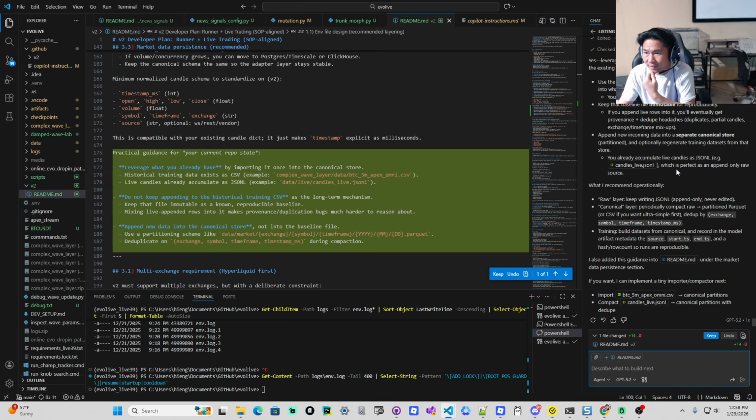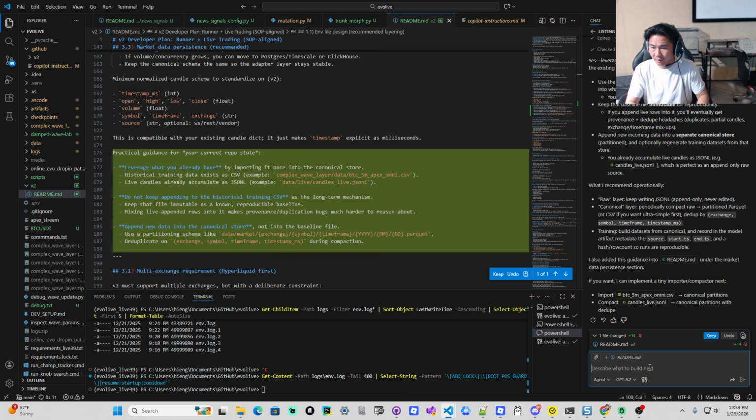You already can accumulate candles. What I recommend: raw layer, keep writing JSONL append-only, never edit it. Canonical training: build datasets from canonical and record artifacts. Okay. Tiny import compactor next, import canonical partition.